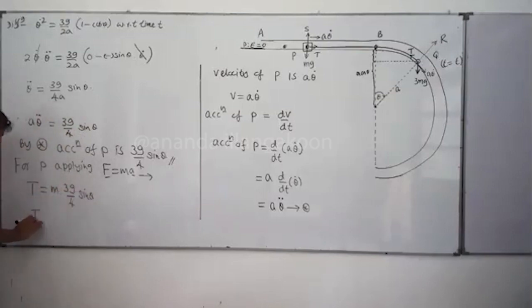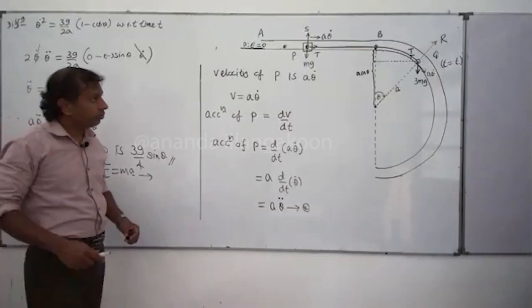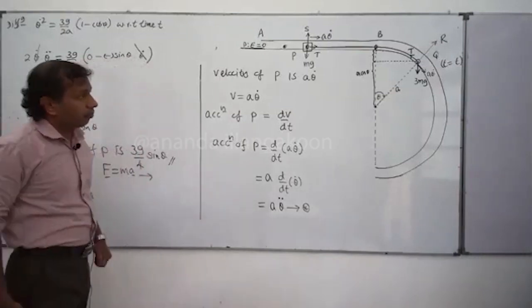Then we get T as 3mg by 4 sine theta, which is the tension in the spring.